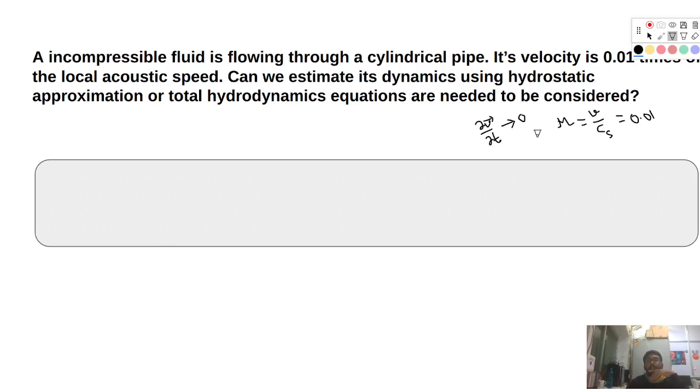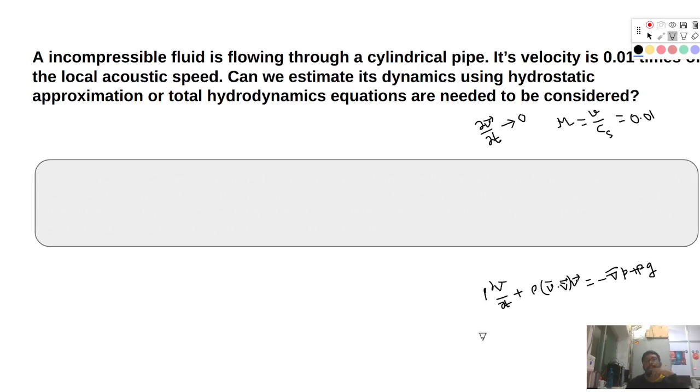Now if del v del t tends to 0, what does that mean? You have the hydrodynamic equation in the form of the Euler equation or the Navier-Stokes equation. If I write down the Euler equation again, you have rho del v del t plus rho v dot grad v equals minus grad p plus rho g.